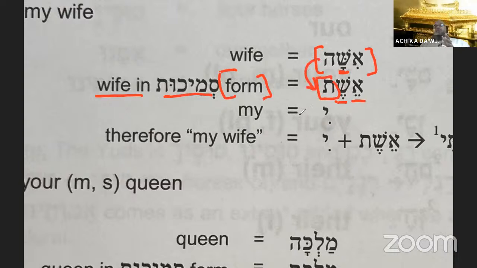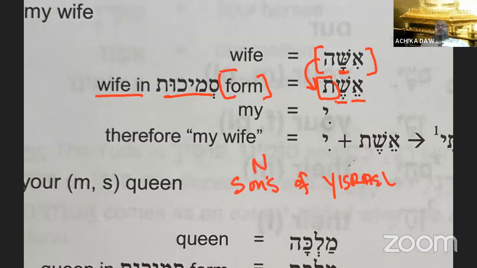The reason they're doing this is because the semikuf means that you're putting two nouns next to each other. So let's just give two nouns. A good one would be the sons of Israel. Here's the first noun, here's the second noun, and I'm going in this direction for right now.